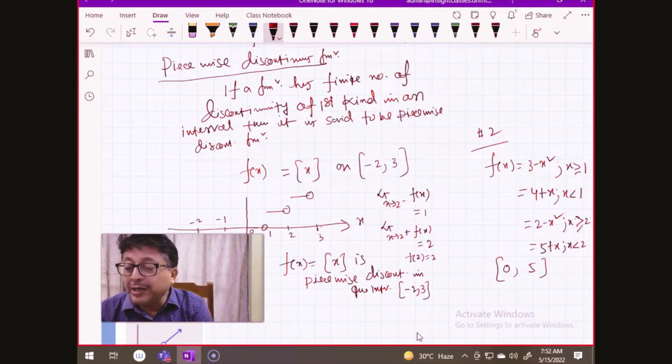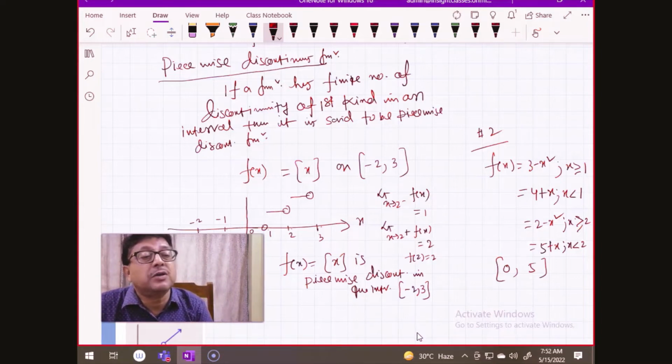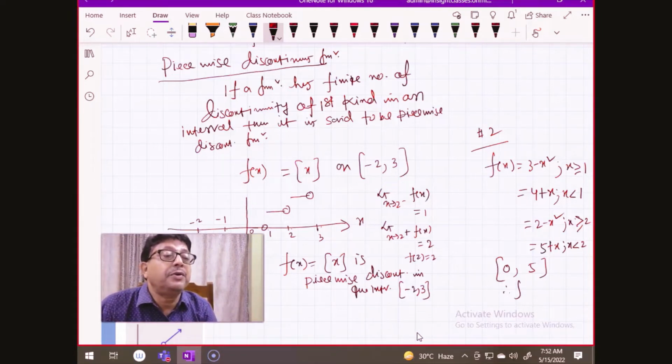At x equal to 1, the left hand limit of the function is going to be 5. The right hand limit is 2 and the functional value is also 2.